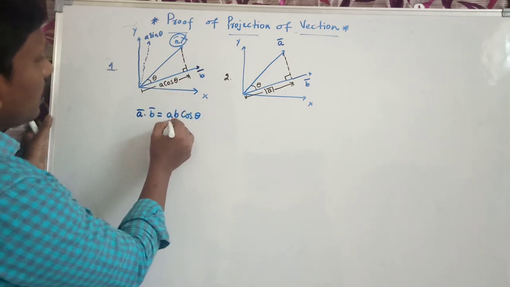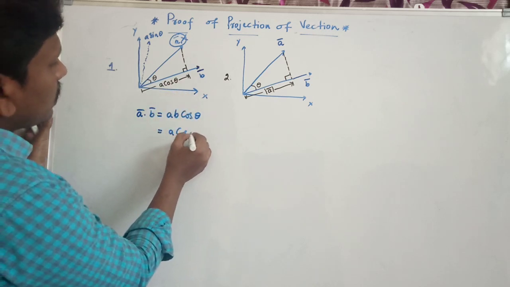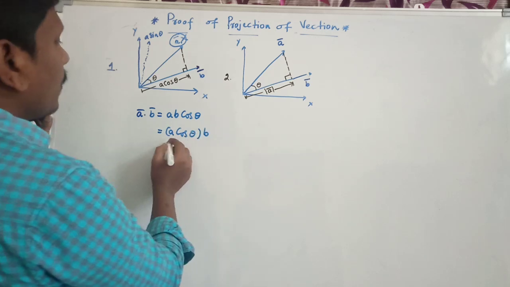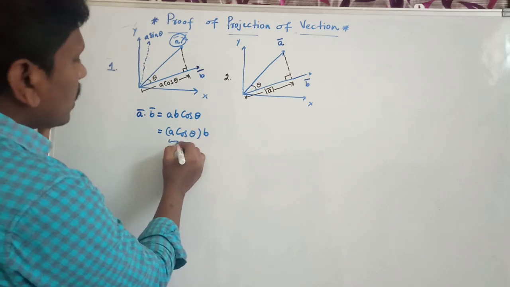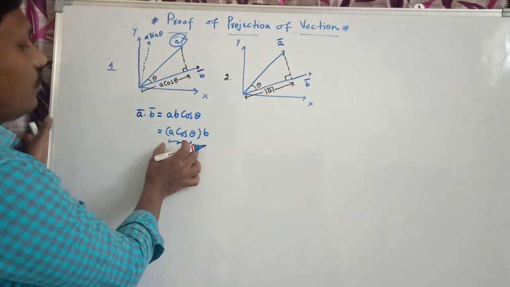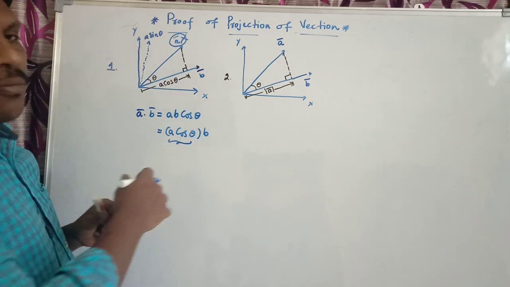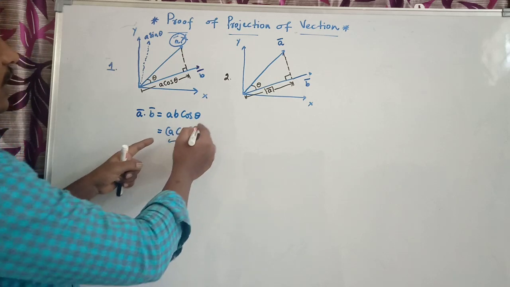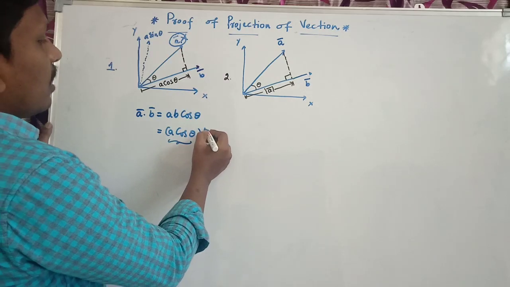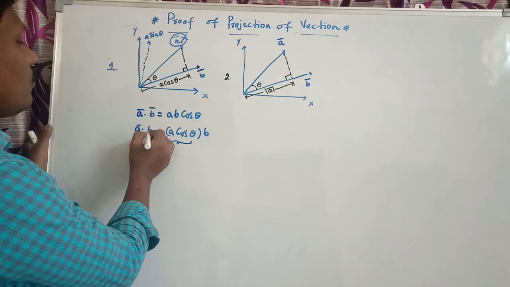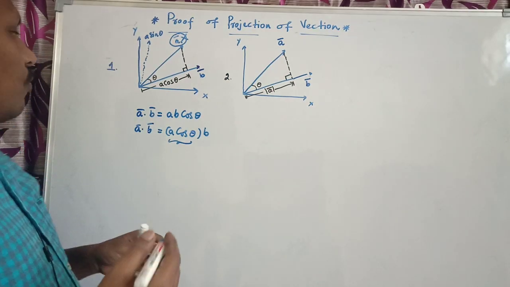In that we can understand a cos theta into b. This is the component of the a bar vector along the direction of the b bar vector. This is how we understand the projection of the vector.